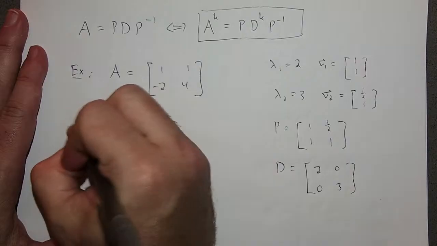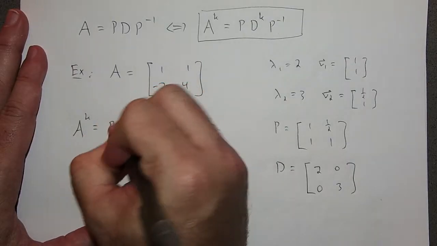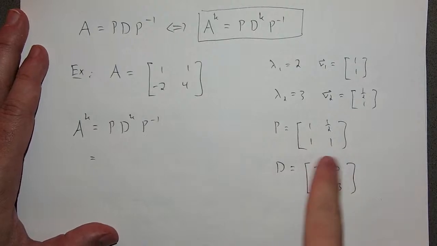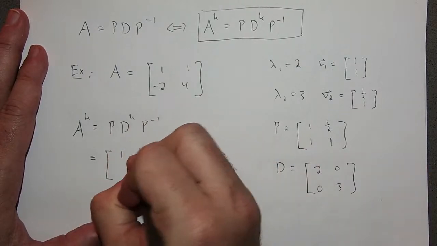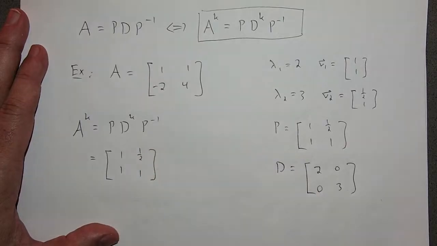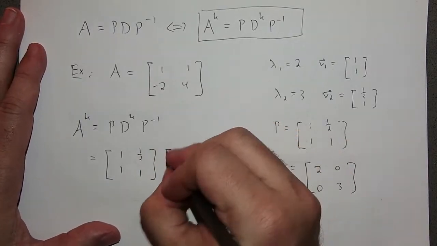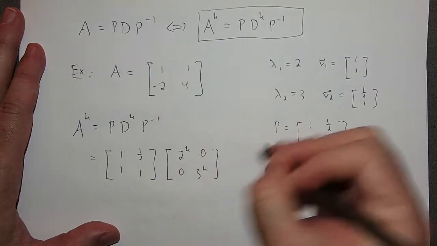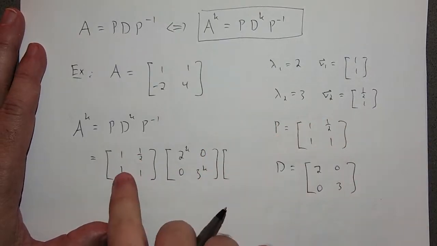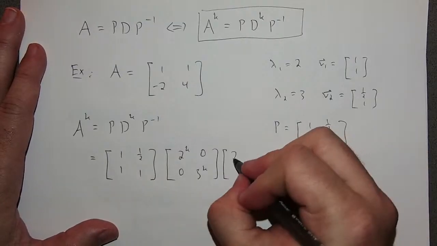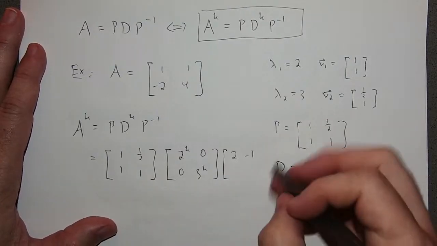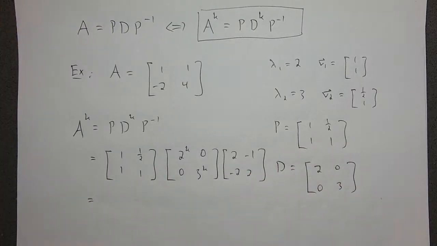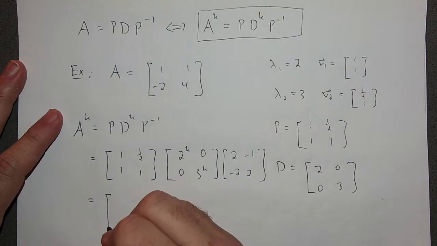So A to the K is P, D to the K, P inverse. P here is 1, 1 half, 1, 1. D to the K is 2 to the K, 0, 0, 3 to the K, times P inverse. This is a 2 by 2, so we just have a closed form formula for P inverse. This would be 2, minus 1, minus 2, 2. What is this? We multiply this all the way out.